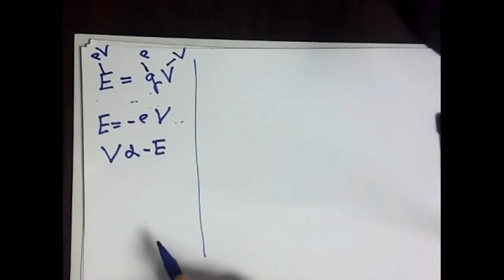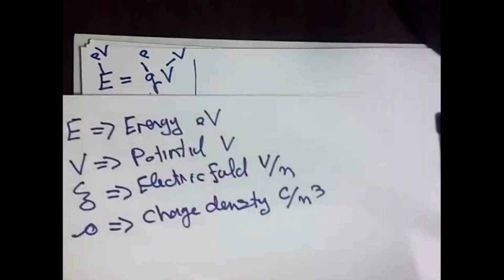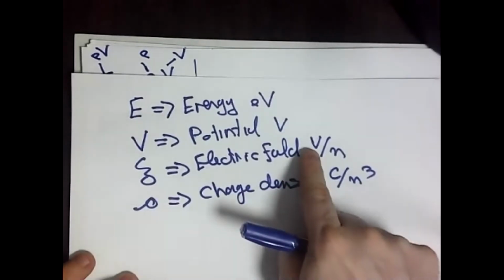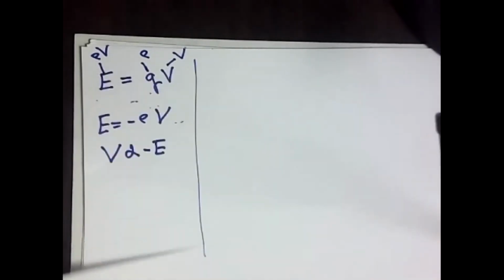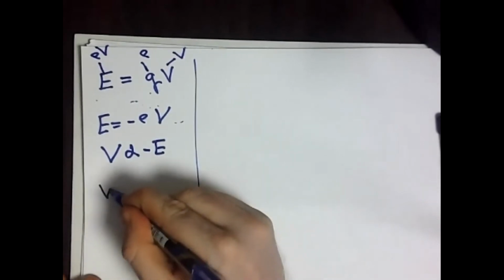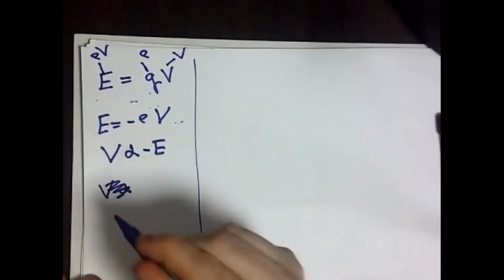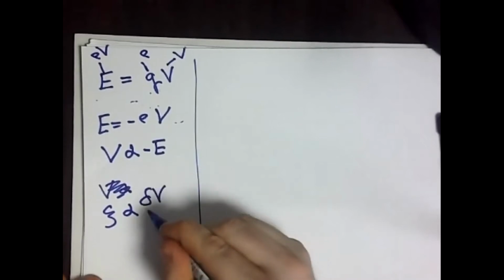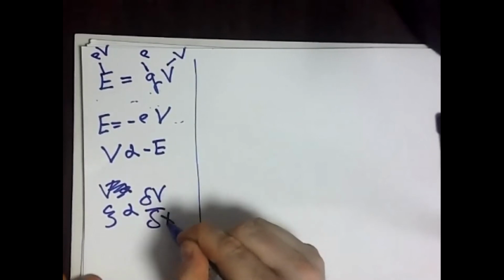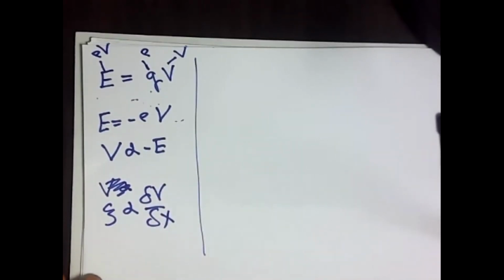Again, using units. Now let me use my previous slides. I told you that electrical field equals voltage over distance. So I can write it in this manner: the electrical field is proportional to partial V by partial X, again with a negative sign.